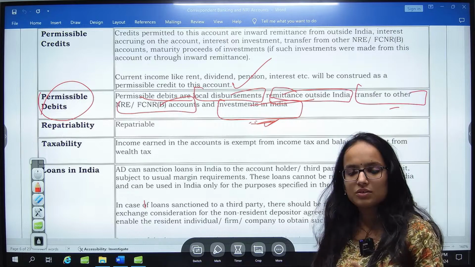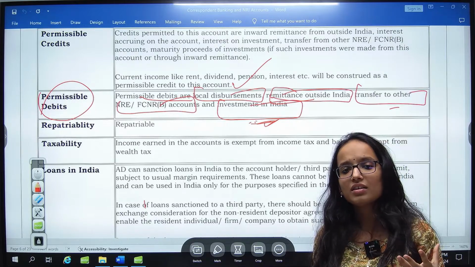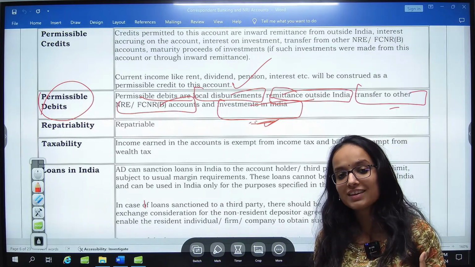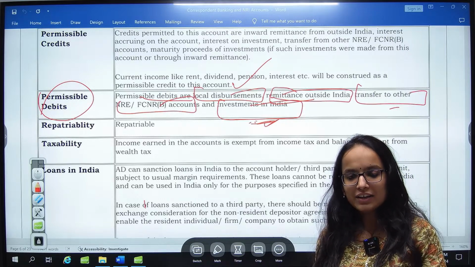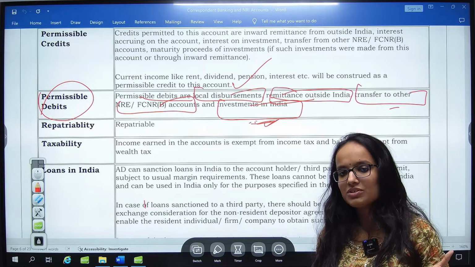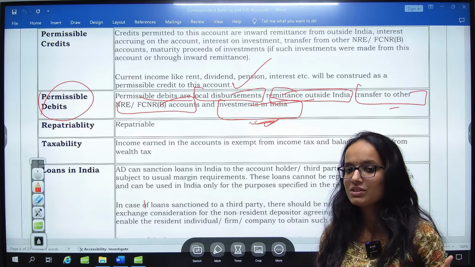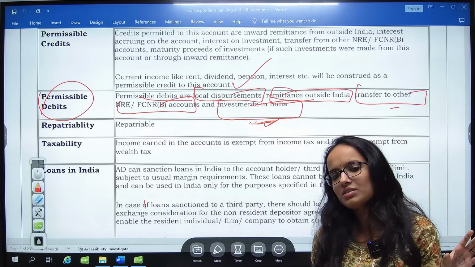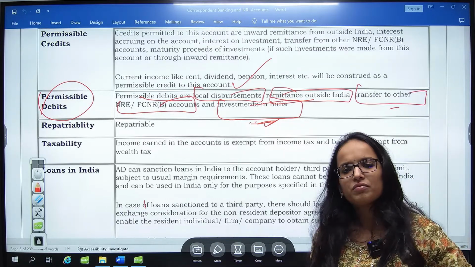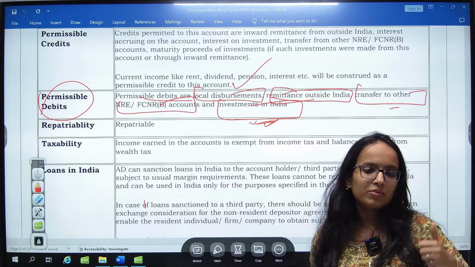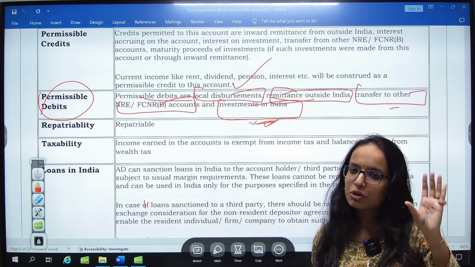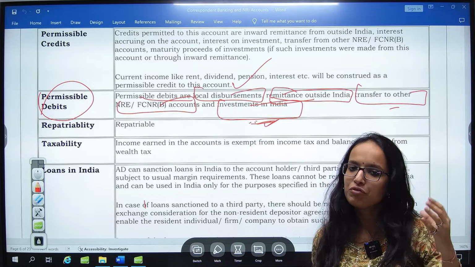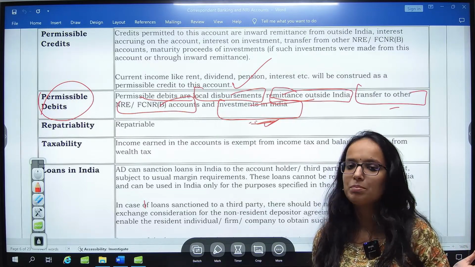I know these things are not very interesting. Some of you might find them interesting, okay, but I'm trying to make it interesting as much as I can. Since these are provisions, we cannot do a lot with them, right? Although I'm trying to make it simpler for you all, still these are provisions, a set of rules and guidelines, so we have to remember them. We can't help it, okay?